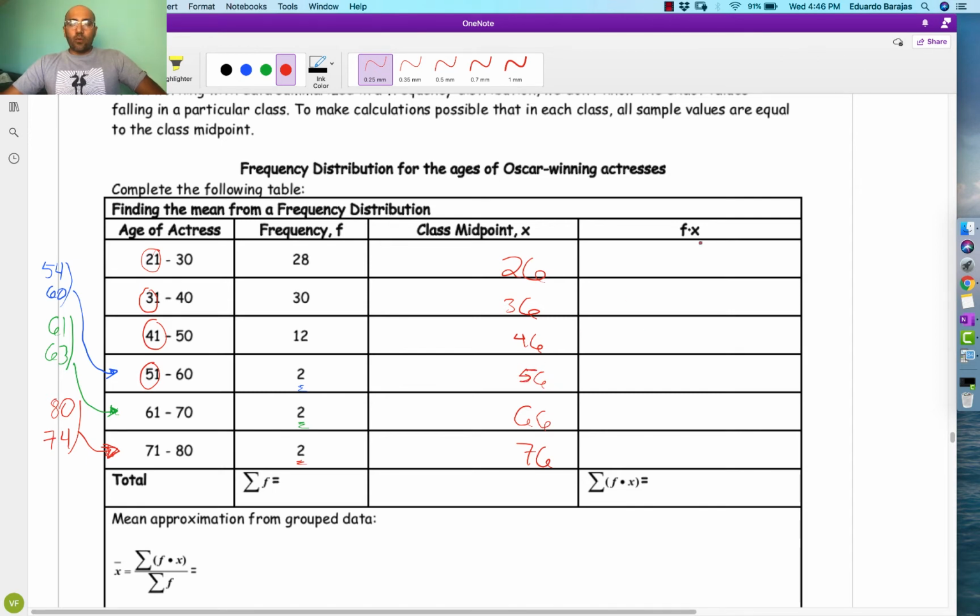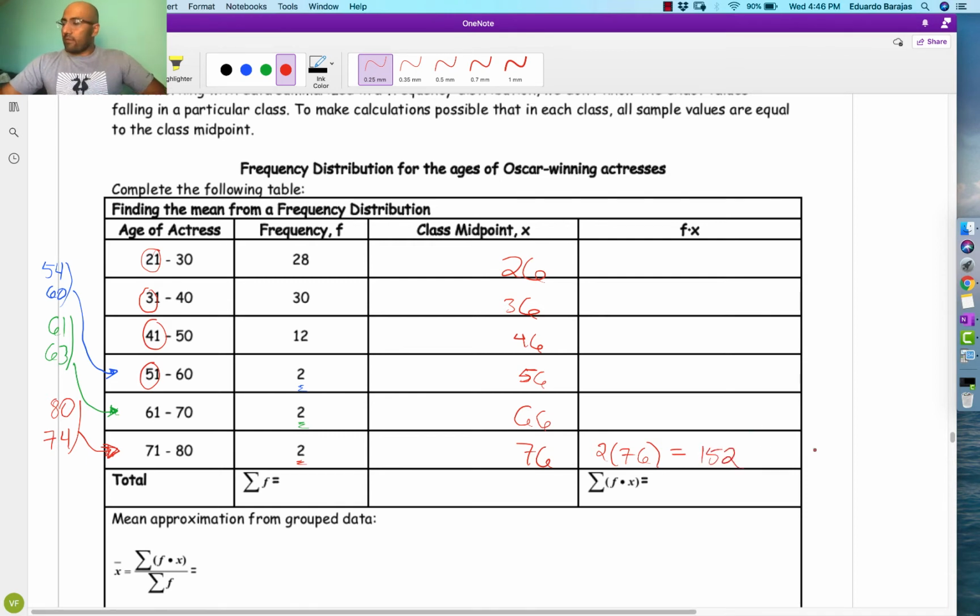Okay, next, what we're going to do is we're going to multiply the frequency times the midpoint for each one of these classes going across. So let's go backwards here. Let's multiply these two. So we're going to multiply the frequency with this, 2 times 76, which is 152.